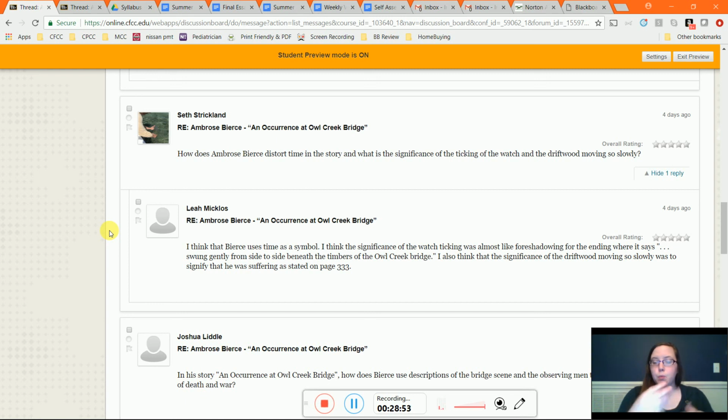So maybe this watch is almost like a pendulum, right? The pendulum represents tick, tick, tick, but then we also have this swinging of the rope. So I really think Bierce is trying his hardest, and you guys have convinced me, to tell us that he's not in the water, he's not on the bank, he's not with his wife, he's hanged.